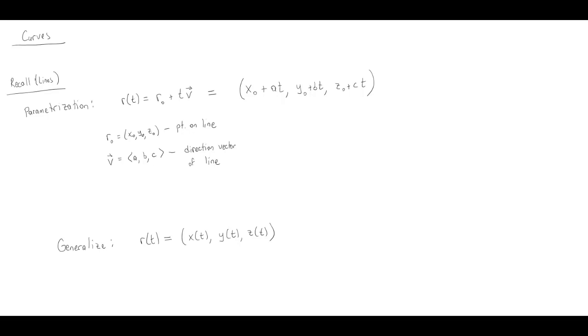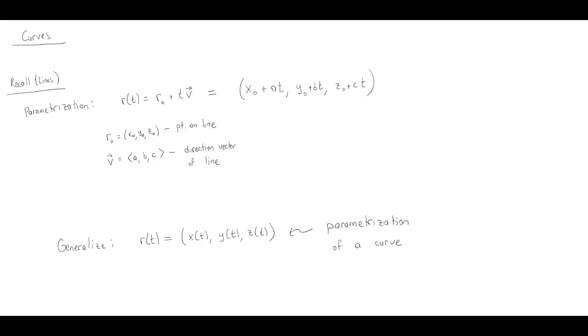So once we make that generalization, what we're going to get is a parameterization for more general curves. So they're not necessarily going to be lines anymore, they'll actually be curvy, all right?